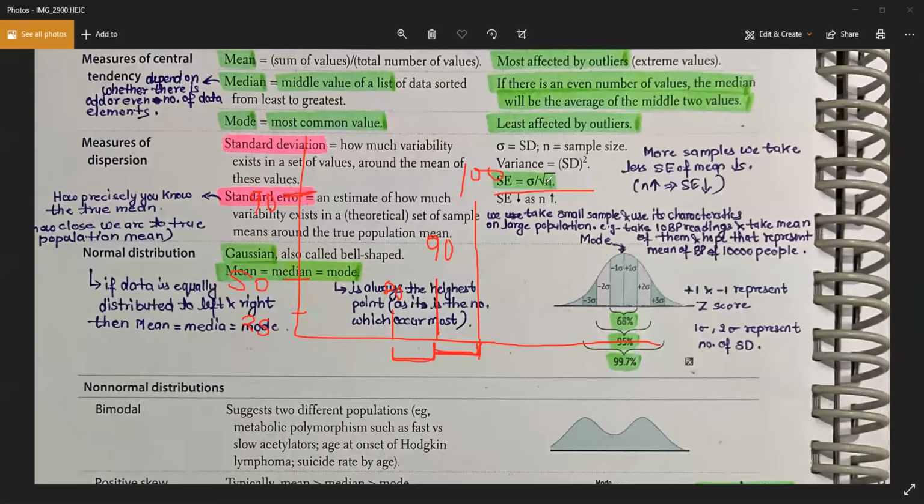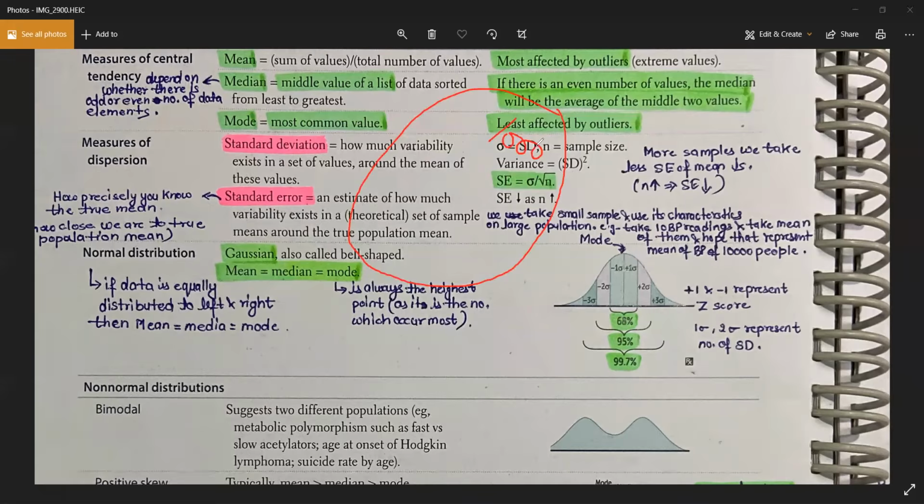So for the standard error, let's say you want to do a study on a population, and this population has 1,000 individuals in it. But doing a study on such a big population is very difficult, right? So what you do is extract 100 individuals from this population who represent the sample data. Instead of taking 1,000 patients, you just extract 100 individuals who represent this population, and you do your study on these 100 patients.